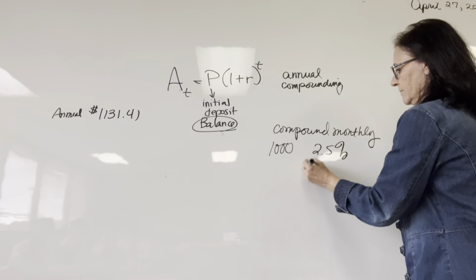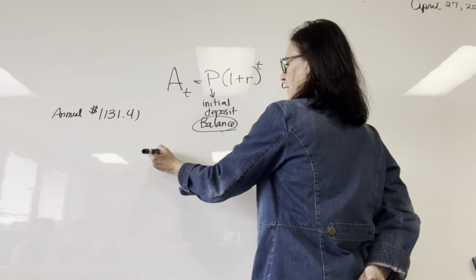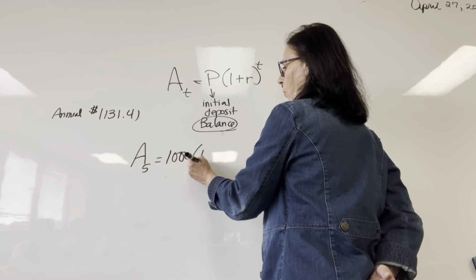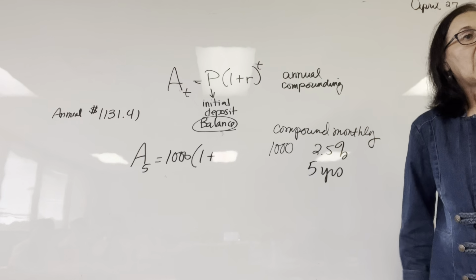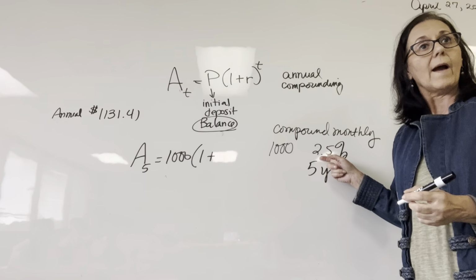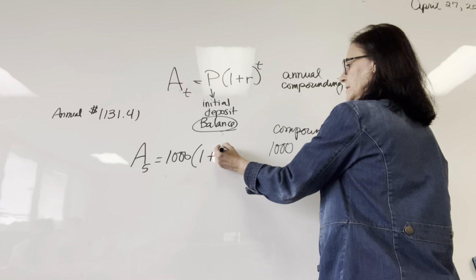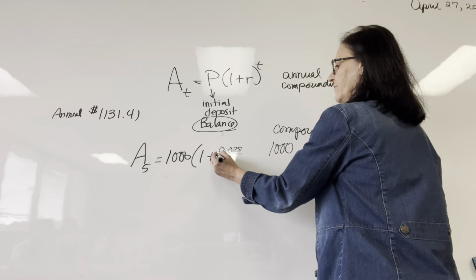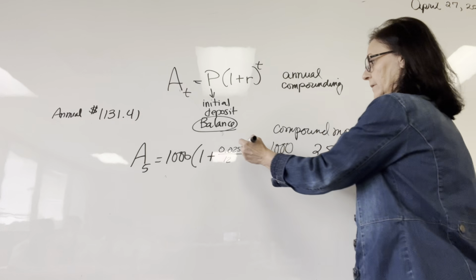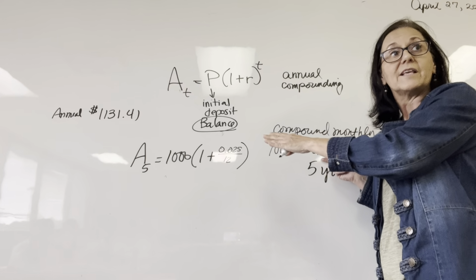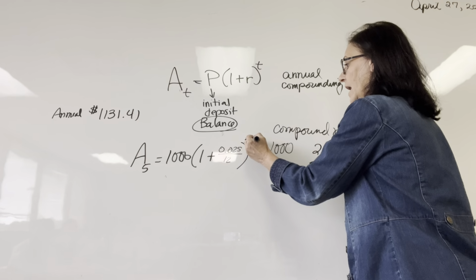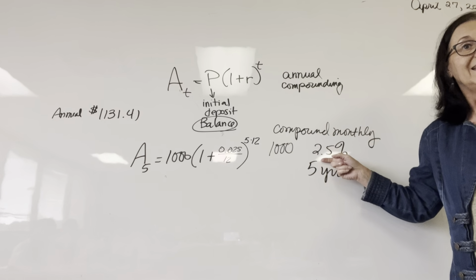And it's 5 years. 5 years is the same. So the amount over 5 years is the principal, 1 plus, I need a monthly rate here. So this is always going to be an annualized rate. So it's 0.025 divided by 12 months in a year to give me that monthly rate. And what I raise it to is the number of months, which is 5 times 12 months in a year.